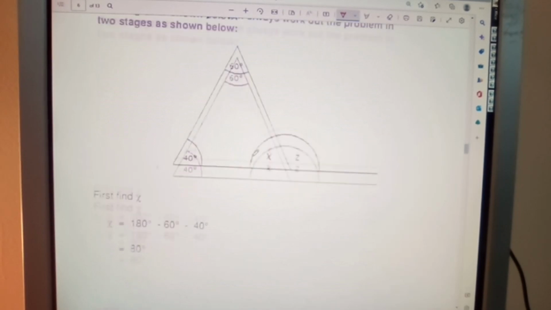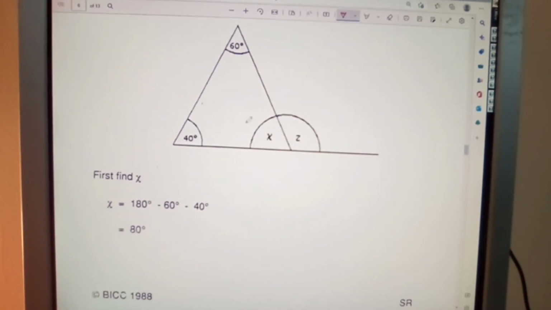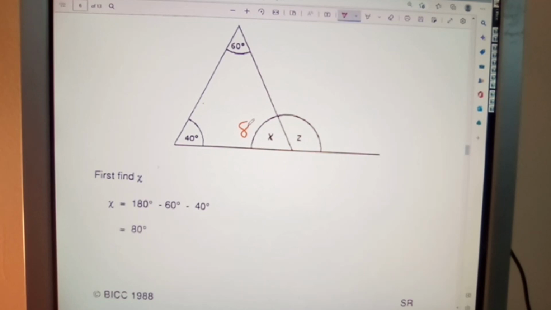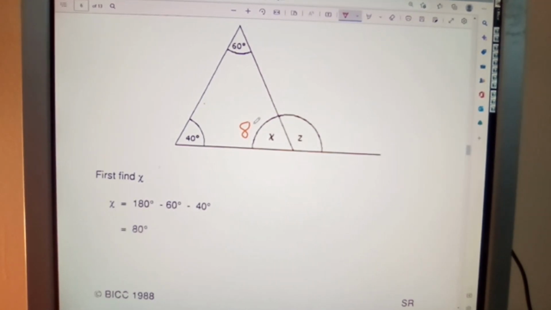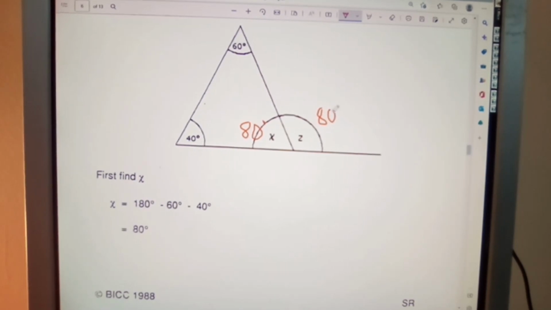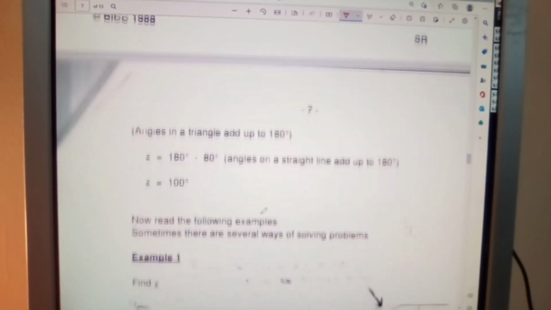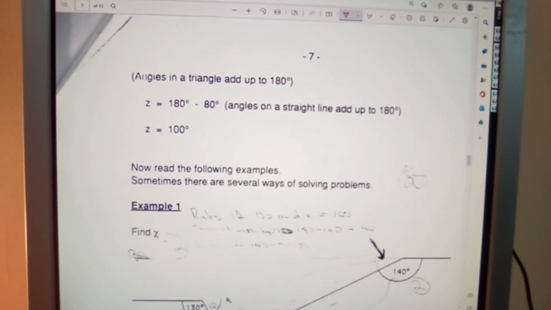Let's put it into place. And Z will be 80 degrees as well. Angles in the triangle add to 180.